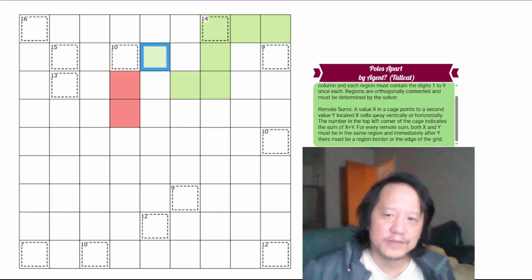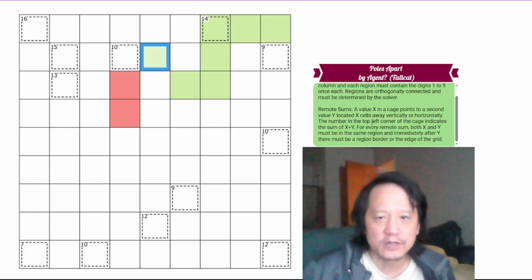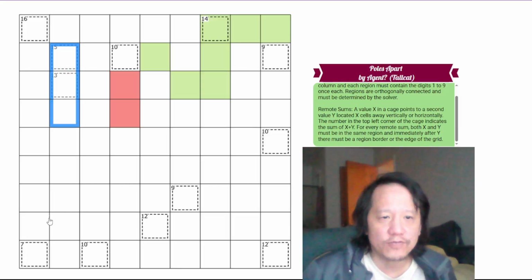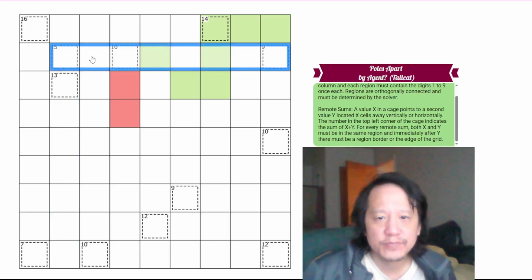And this is the other rule set here, which is remote sums. A value x in a cage points to a second value y located x cells away either vertically or horizontally.